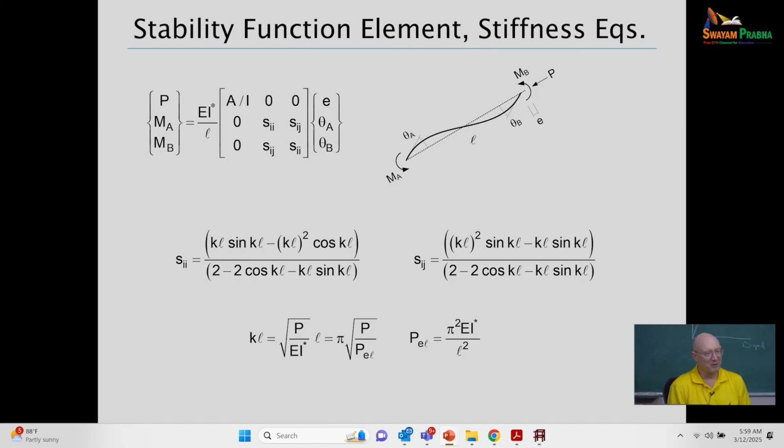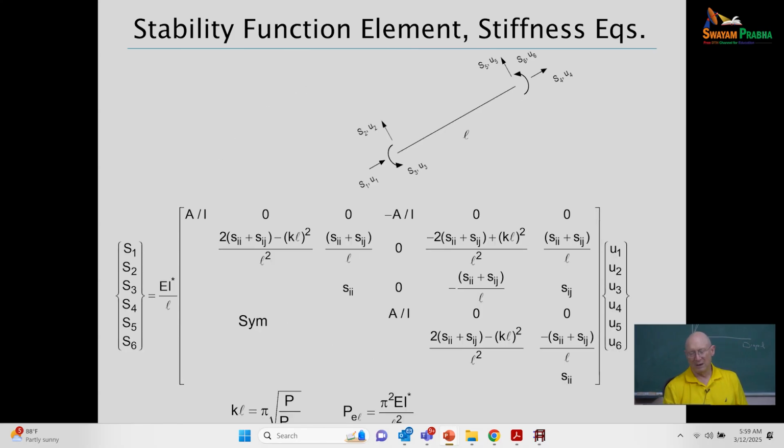There's a similar thing we can do that is a little more complicated. Here we've got essentially deformations E, theta A, and theta B, and I want to relate those to, if I go to the next slide, a general global, but in a local coordinate system tied to the current element orientation. What's the global rotation? What are the global axial and shear displacements at the ends?